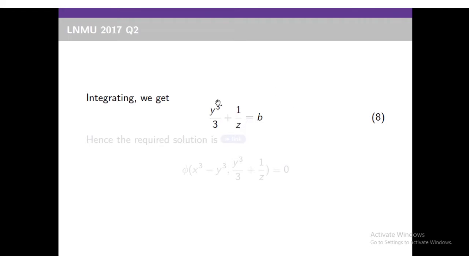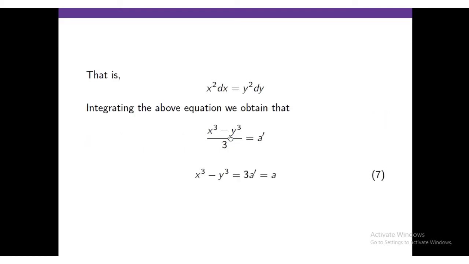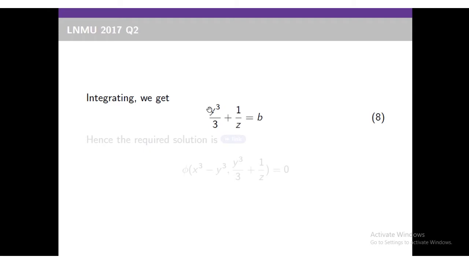So this is the second integral of the auxiliary equation, and the first integral, which is given in equation 7, is x cube minus y cube, and the second integral is y cube by 3 plus 1 by z. So our solution can be written like this: phi of x cube minus y cube comma y cube by 3 plus 1 by z equal to 0.